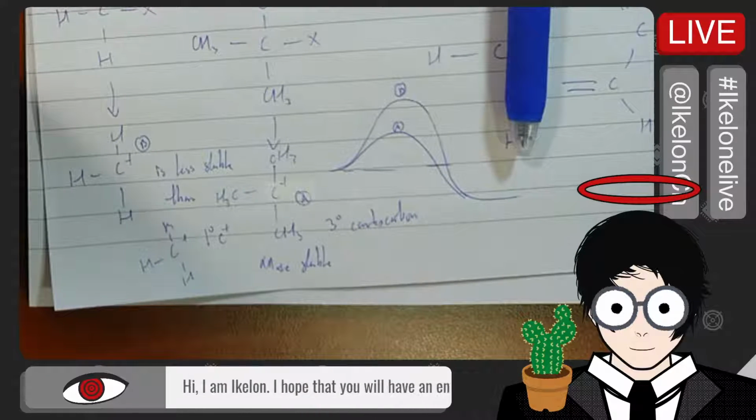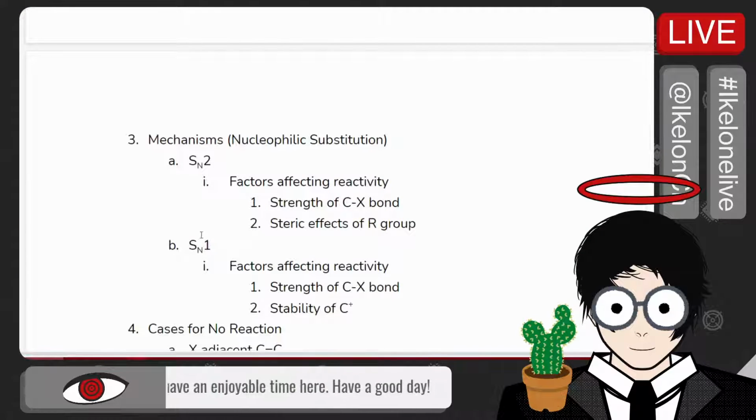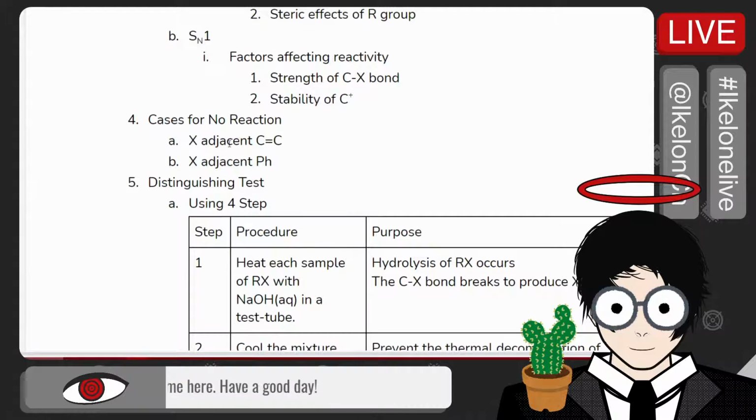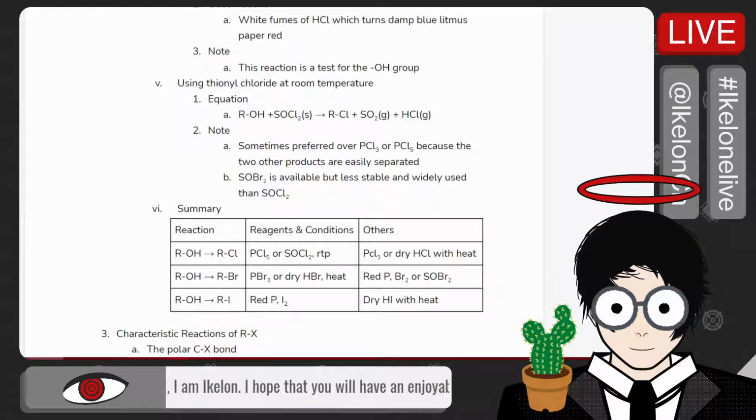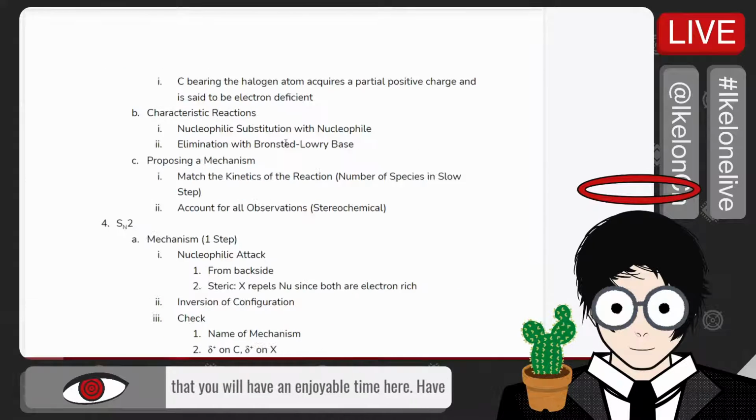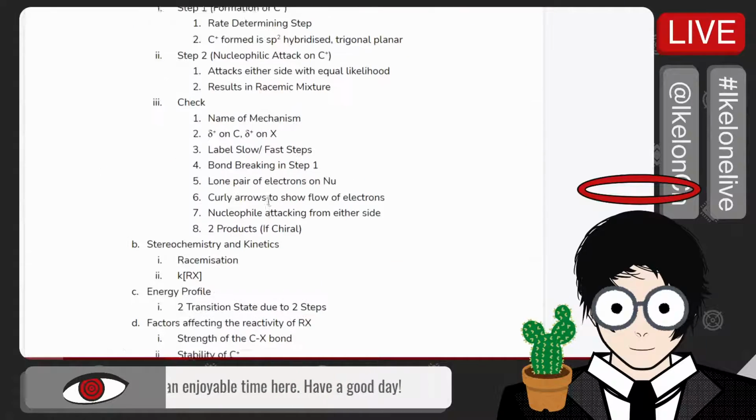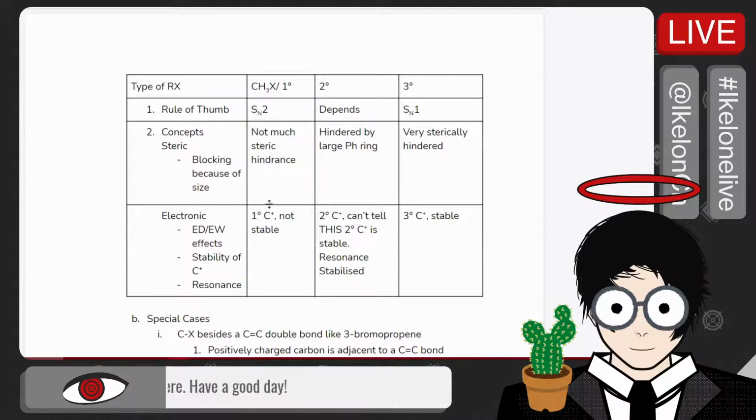Alright, so that's it for our mechanism. So let's see what's next. Cases for no reaction... actually, no, I guess I should compare them first. Comparison. So, now we know that the halogen derivatives can proceed by either mechanism, SN1 or SN2.